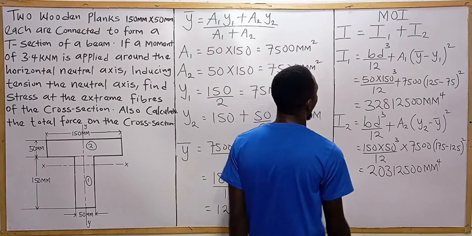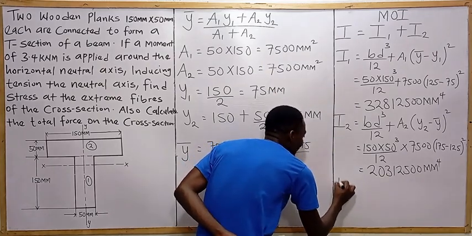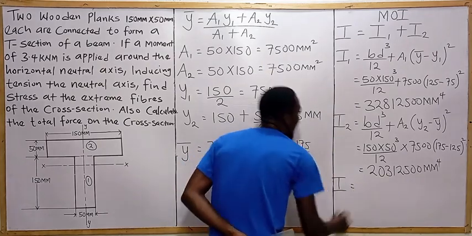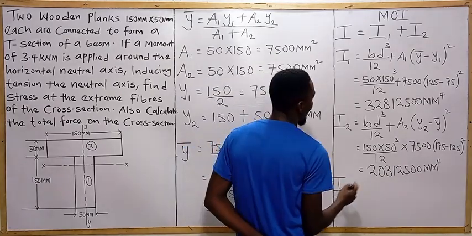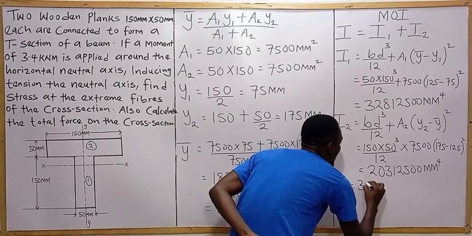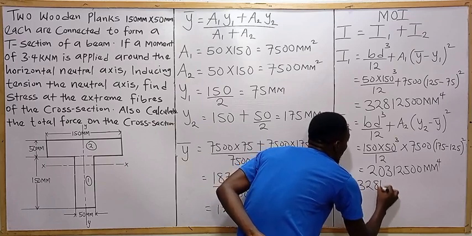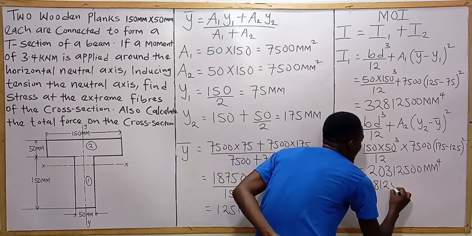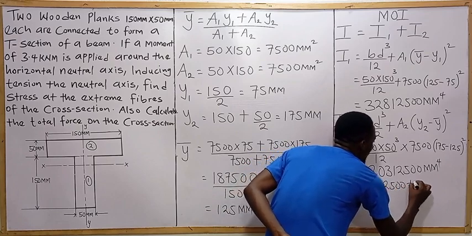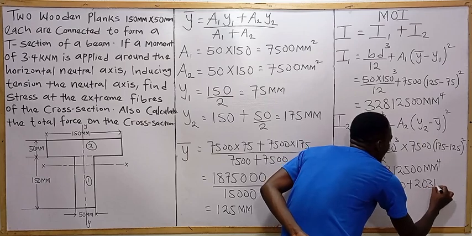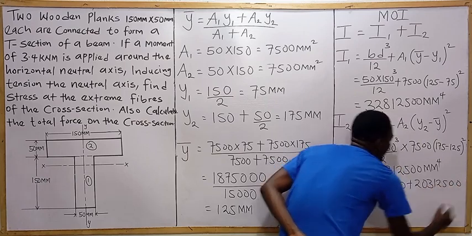All right, so now we can calculate the moment of inertia itself, which is I1 plus I2. So it's going to be 3281,2500 plus 2031,2500.